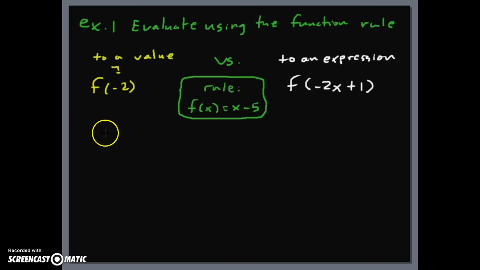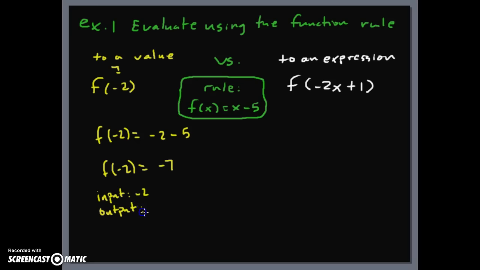So we said f of negative 2 equals negative 2 minus 5. We put our input in for the input variable, and then we simplified it to get our output. So f of negative 2 equals negative 7, where f of negative 2 is our output. Our input was negative 2, and our output is negative 7.